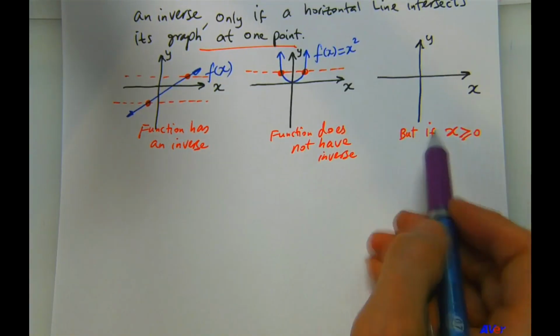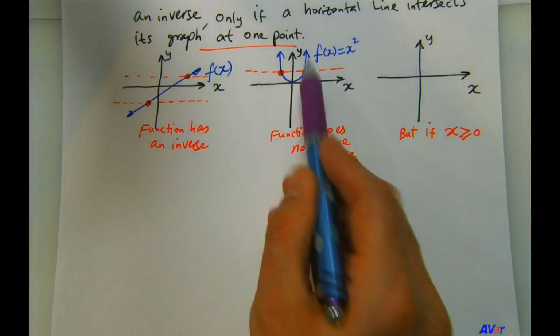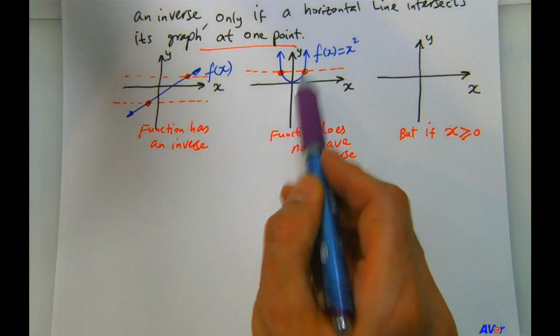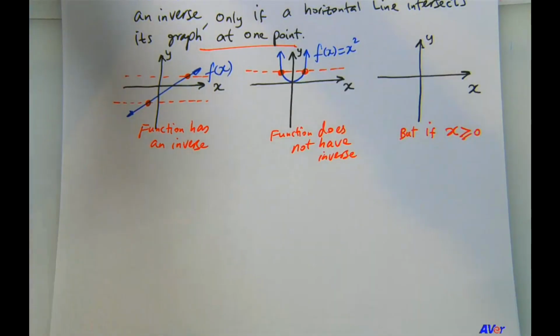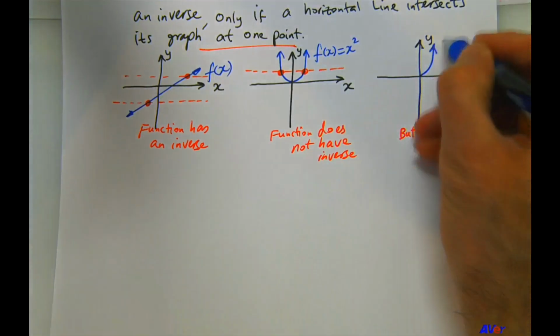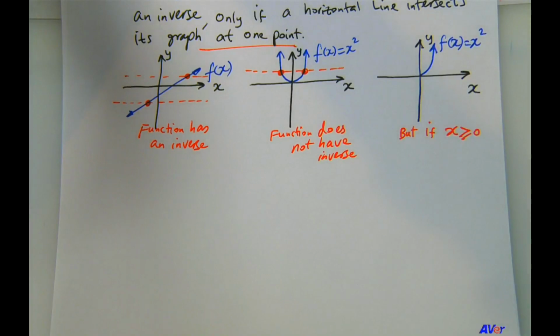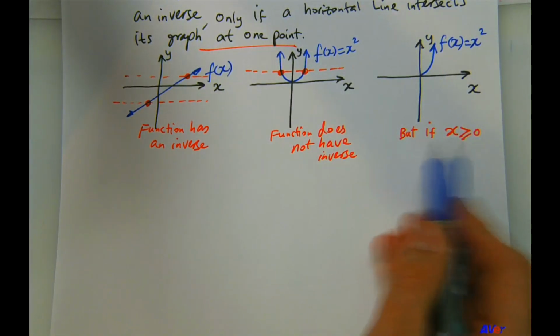We're saying only do this piece for which the x values are greater than or equal to 0. So this is still f of x equals x squared, but this time we've restricted the domain.